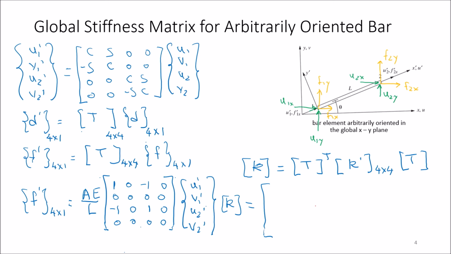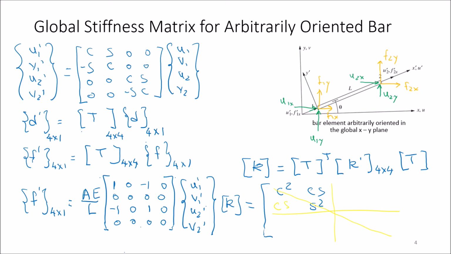I'm going to get a cosine squared, cosine sine, sine squared, and this is going to be a symmetric matrix along the diagonal. So obviously you're going to have a CS here, and this is going to be repeated in the 4 quadrants with some sign changes.